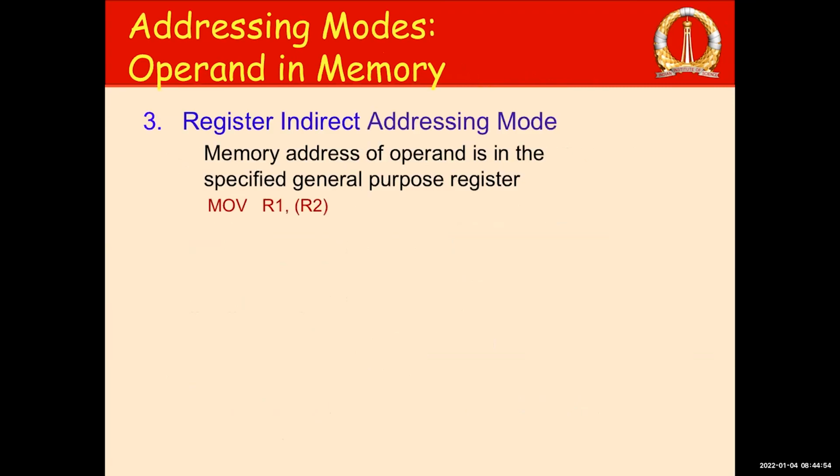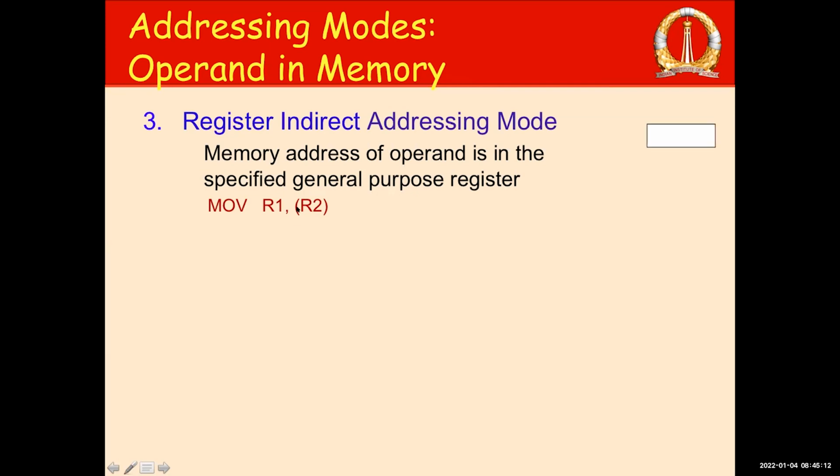The third type of addressing mode is what is called the register indirect addressing mode, where the operand is available in the memory, but the address of that memory location is specified by a register. In this case, R2 register has the address of the memory location which has to be accessed.